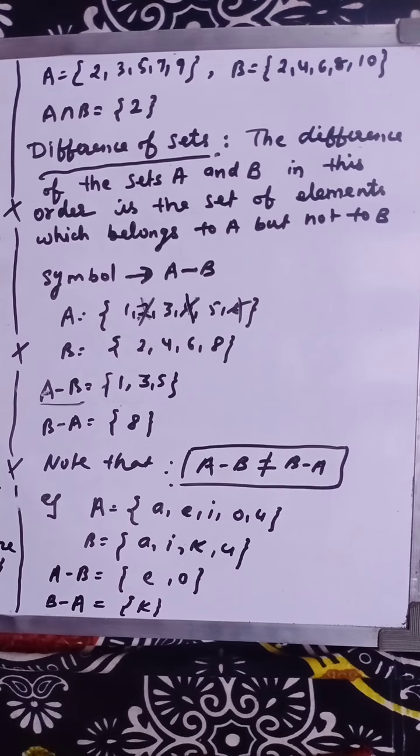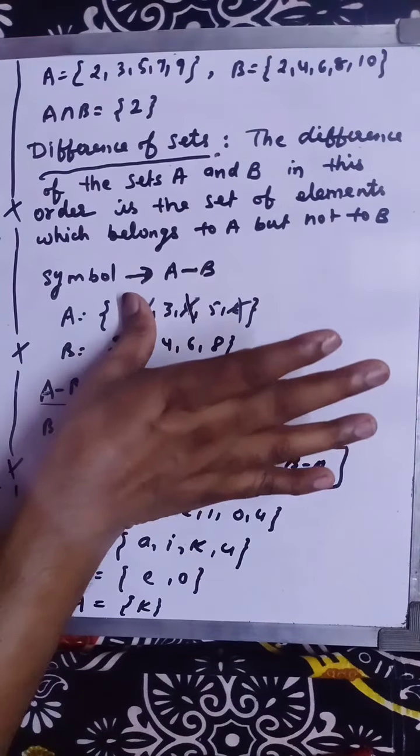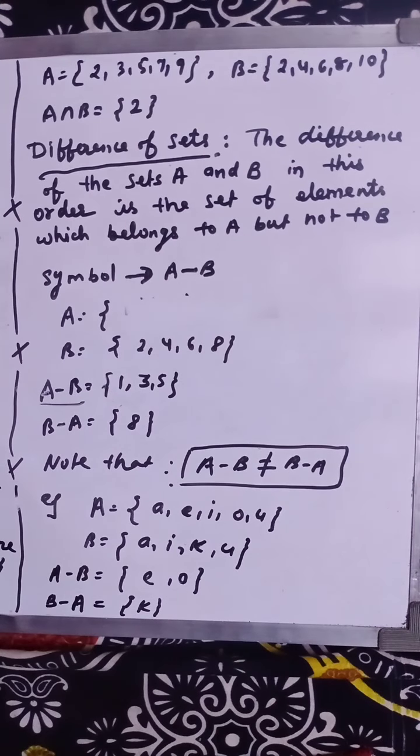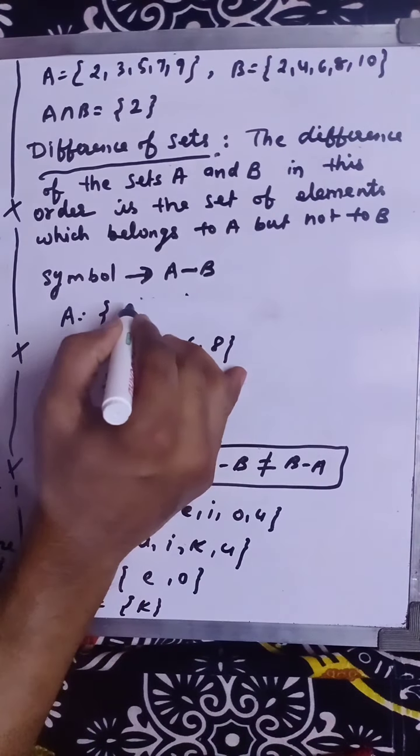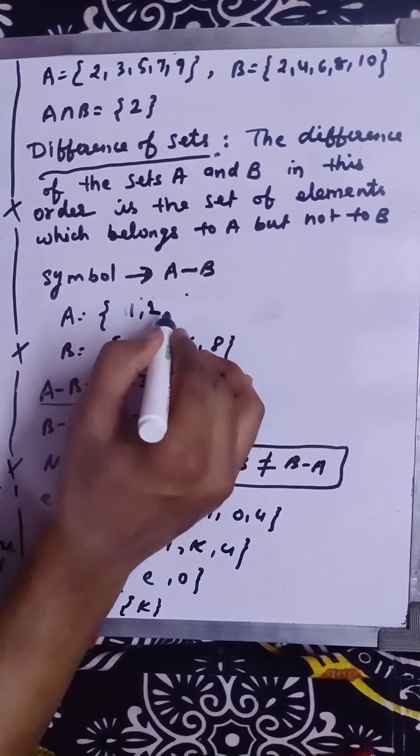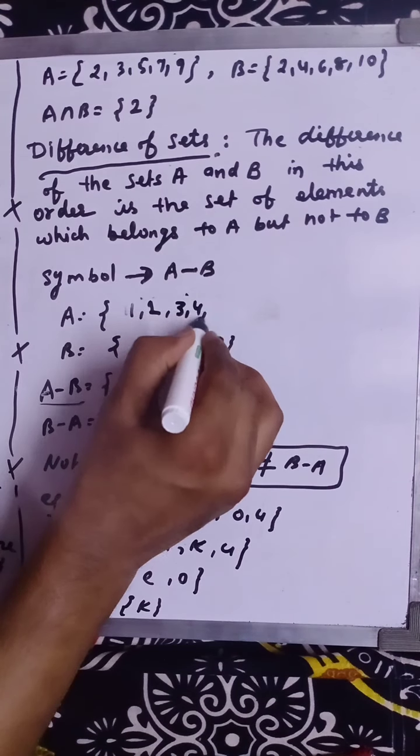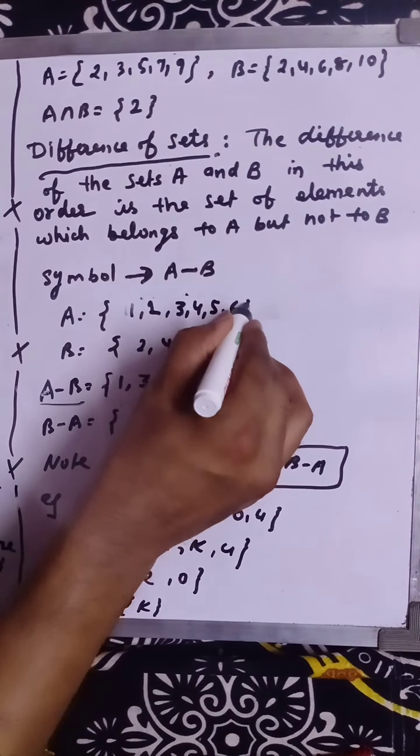Now again I am writing the elements of A. The elements of A were 1 2 3 4 5 and 6.